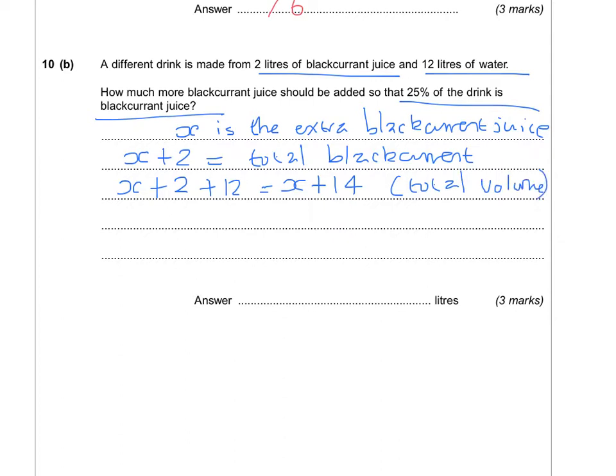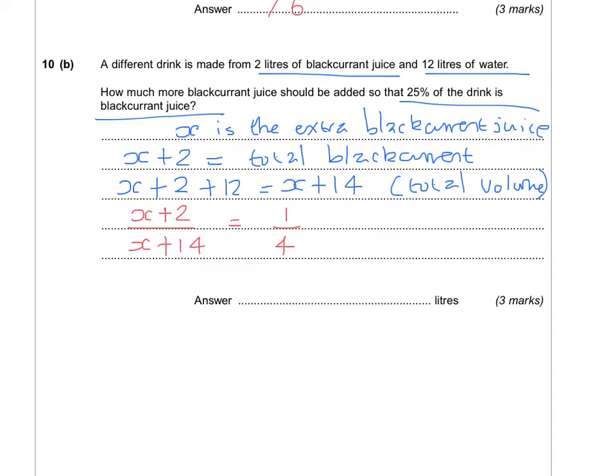Now we want the total volume of the blackcurrant to be 25% of the overall liquid. So we want x plus 2 over x plus 14 to equal 1/4.